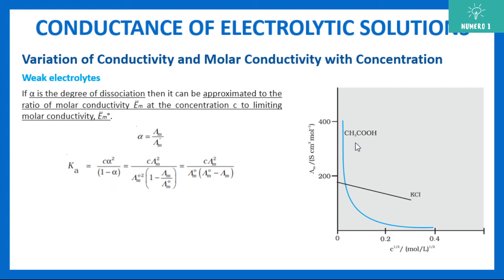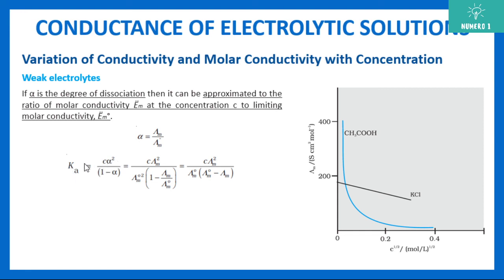You can write down the reaction: CH3COOH gives CH3COO- plus H+. Let's say initially the concentration is C and alpha is the degree of dissociation. At equilibrium, after dissociation, the concentration remaining of CH3COOH will be C(1 minus alpha), whereas the ions formed will have concentrations C alpha and C alpha respectively.